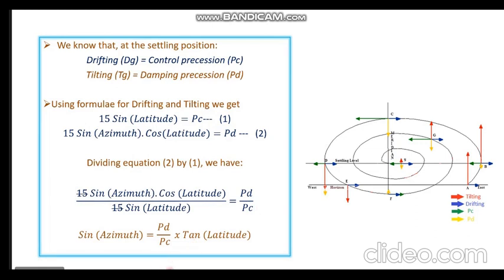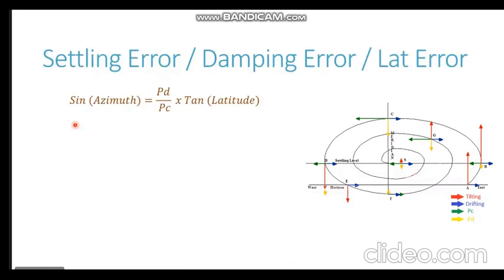The cos latitude upon sine latitude is taken onto the right hand side of the equation, and when it goes on the right hand side it becomes sine lat upon cos lat, which converts to tangent of latitude. So we get the relationship sine of azimuth is equal to PD upon PC into the tangent of latitude. So this is the relationship which we have got.